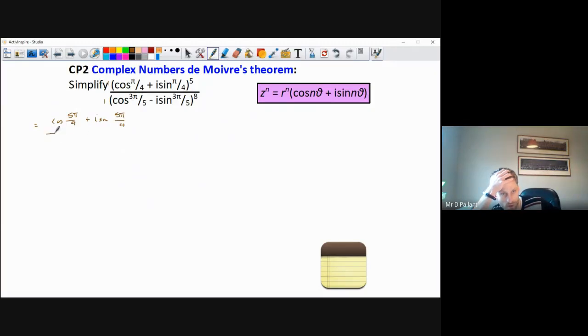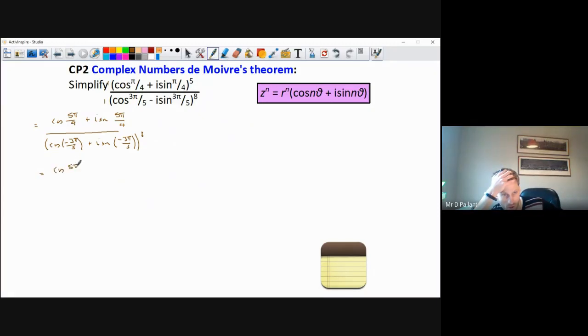And on the denominator, of course, I'm needing to change that to cos minus 3 pi on 5 plus i sine minus 3 pi on 5 to the power of 8. So I can't apply the power until I've made that change.